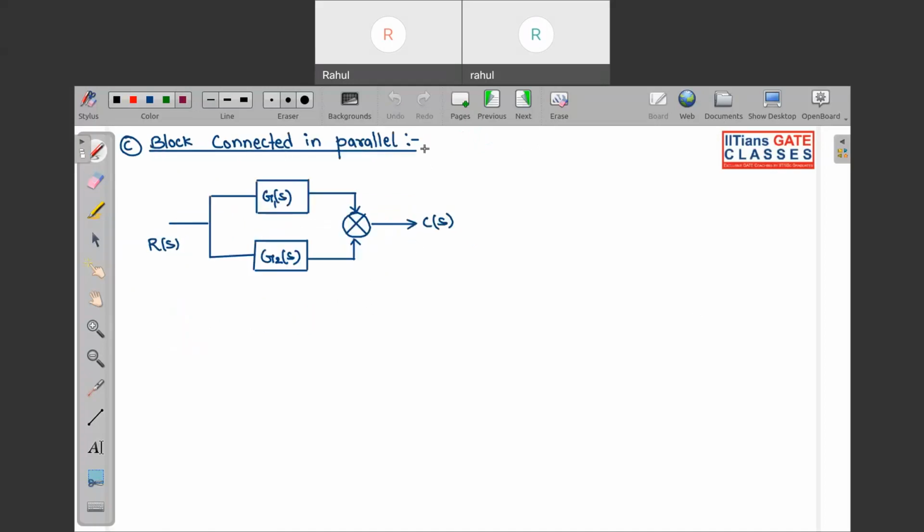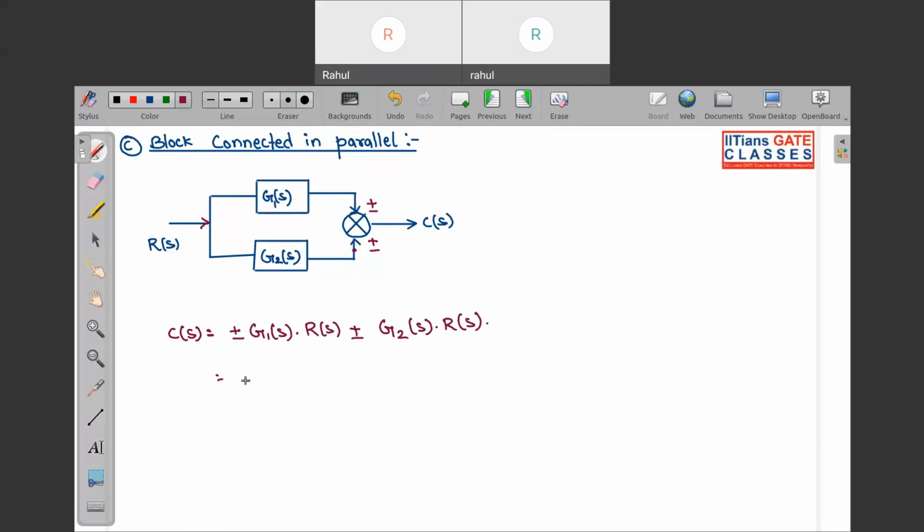When blocks are connected in parallel, so here also I haven't given any sign. If this is plus minus, this is also plus minus, then these are blocks connected in parallel. So you can write what? C(s) is equal to C. From here, R(s) is being given to both of the blocks. So over here we will be getting plus minus G1(s) into R(s), and over here we will get plus minus G2(s) into R(s).